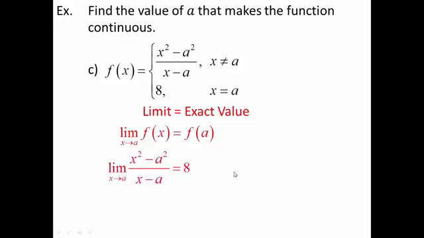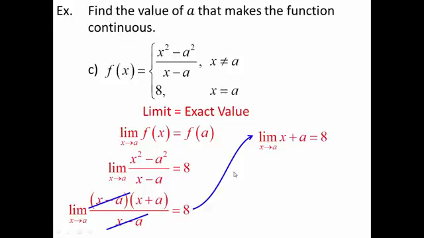Well, I know f of x can be described as x squared minus a squared over x minus a, and I know f of a, the exact value at a, is 8. Now the next thing I'm going to do is recognize I have a difference of squares. x squared minus a squared is really x minus a times x plus a, which allows me to cancel out the x minus a, leaving behind a simpler limit question: limit as x approaches a of x plus a equal to 8.